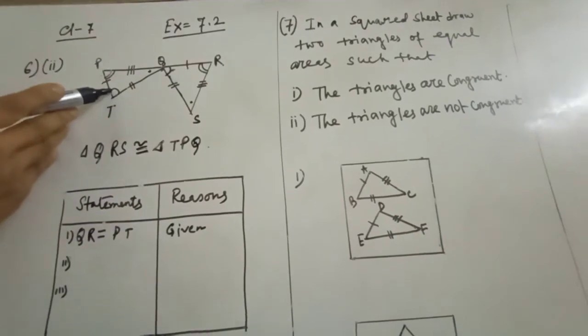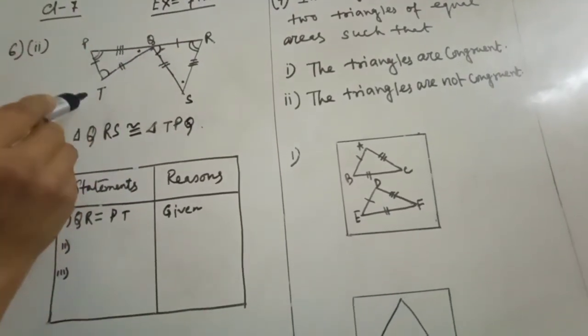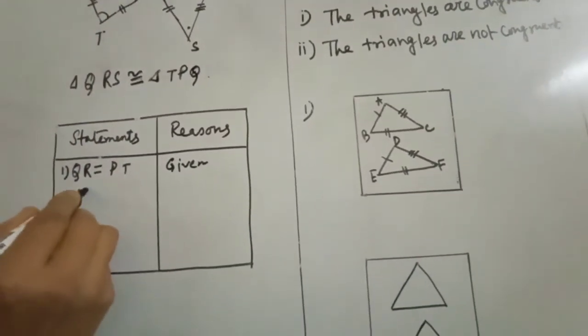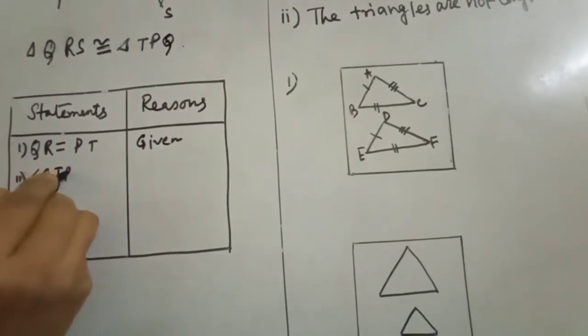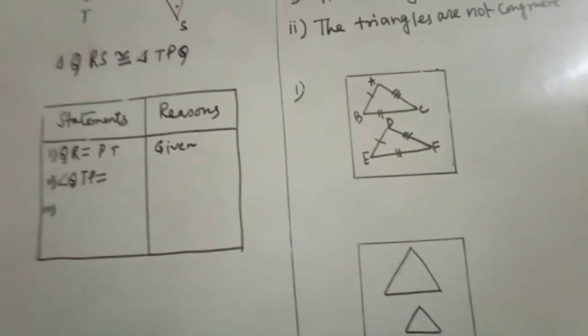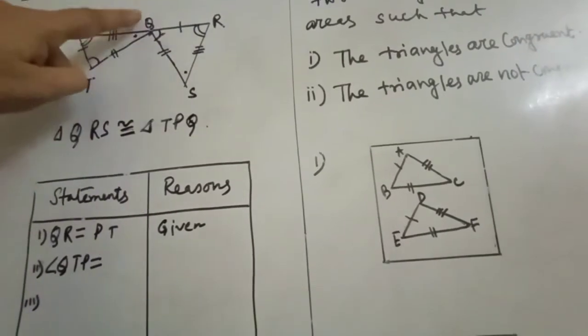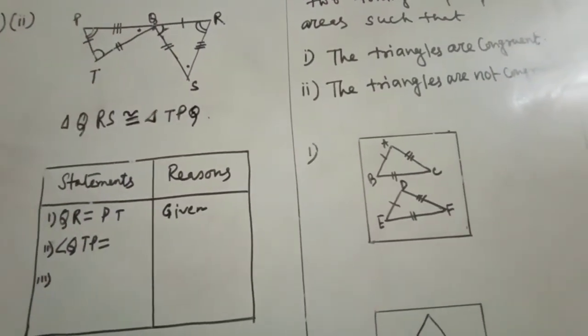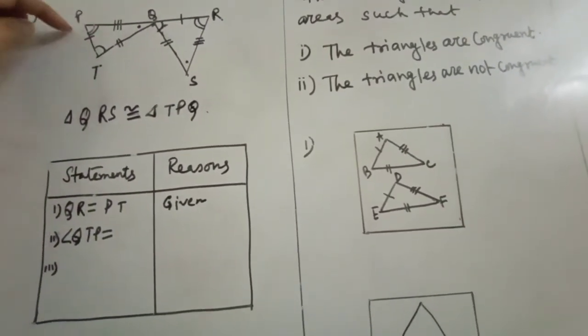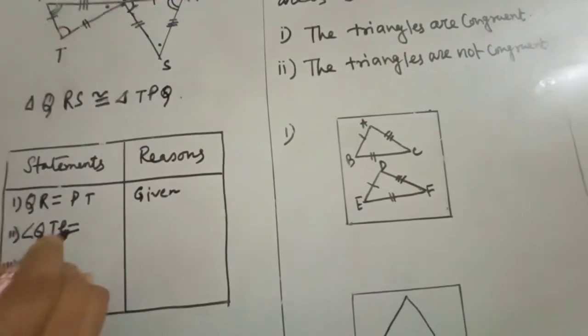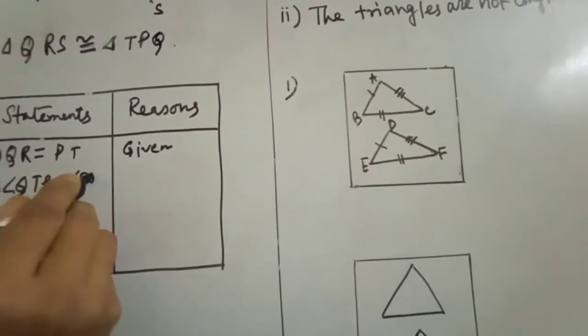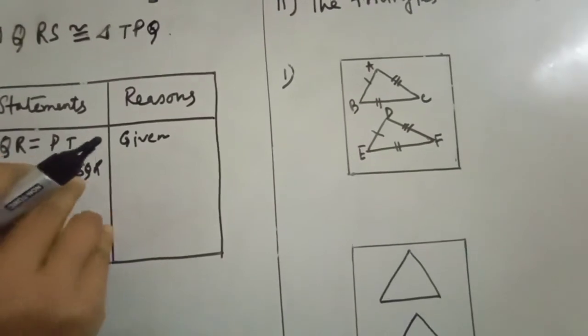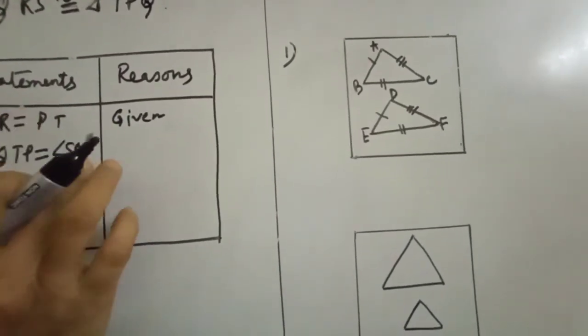Angle T, that means angle QTP, is equal to angle SQR.